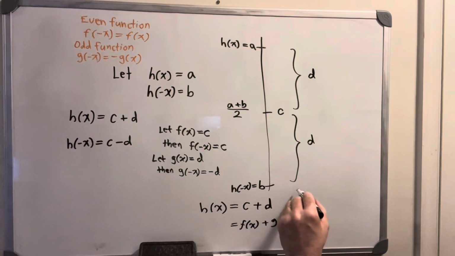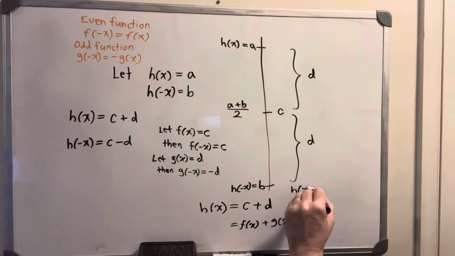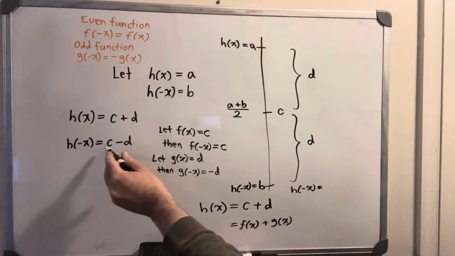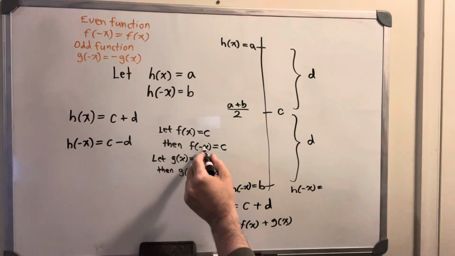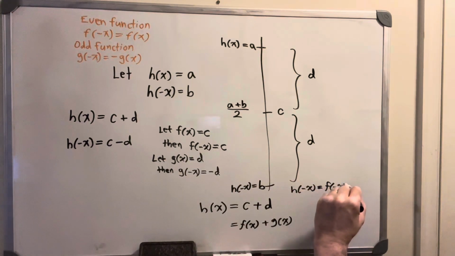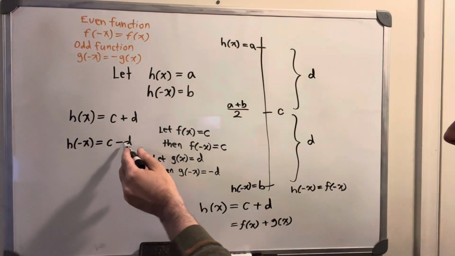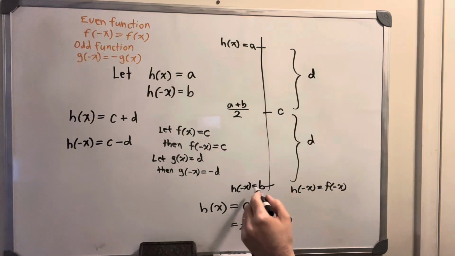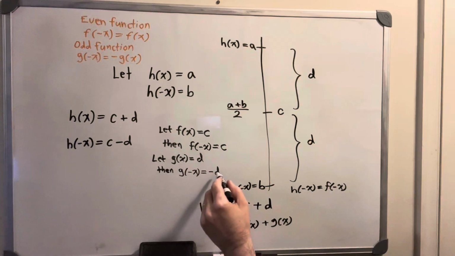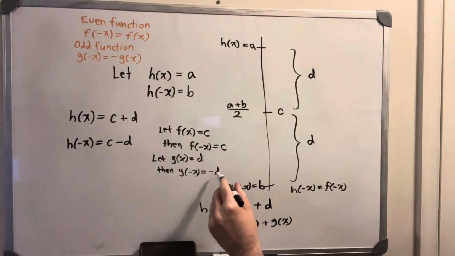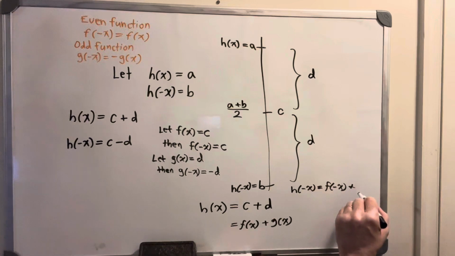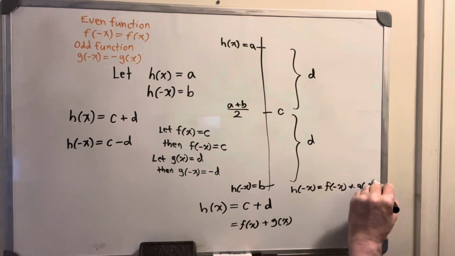Now what is h at minus x? It's equal to c minus d, right? What is c? c is equal to f of minus x. And see how h of minus x is c minus d. Look what minus d is. Minus d is g of minus x. So we have plus g of minus x.